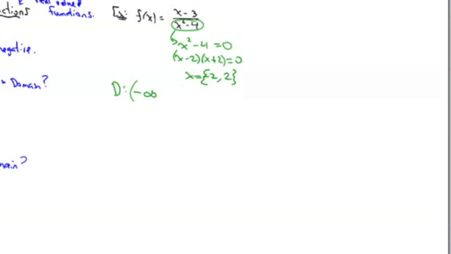Negative 2. And it can't equal negative 2 because it'll make a 0 in the bottom. So I have to stop this thing at negative 2, bracket or parentheses? If I make it a bracket, I get a 0 in the bottom. I want to leave it off. I don't want it equal to negative 2. I want all the numbers up to negative 2.